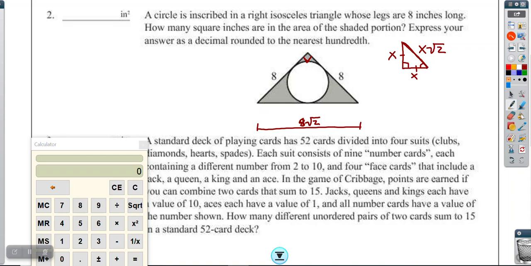Now, when we're trying to find the area of the shaded region, let's read the rest of the question. The rest of the question, inscribed. That means that the circle meets the triangle at exactly 3 points. So that means we have 3 points that are tangent.